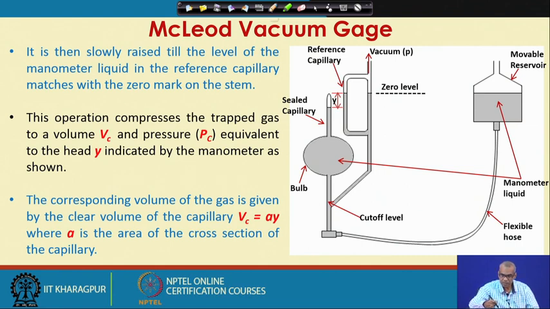So, initially I had the volume of the gas as the volume of this tube, the volume of the bulb as well as the volume of the tube up to this point, and the pressure of that gas was the same as the vacuum.